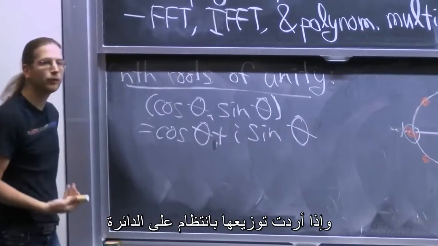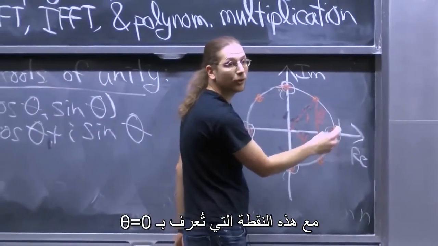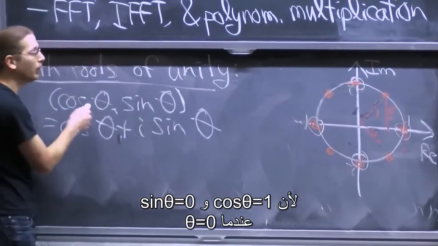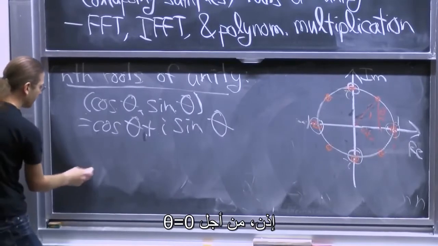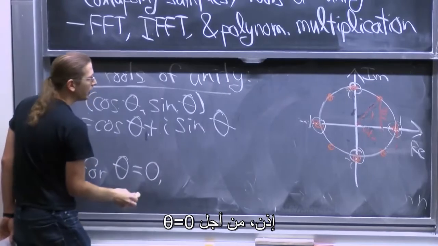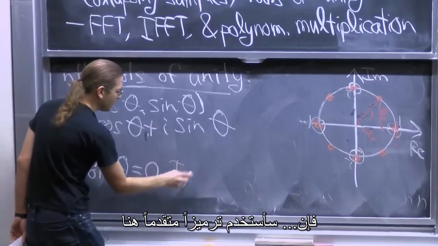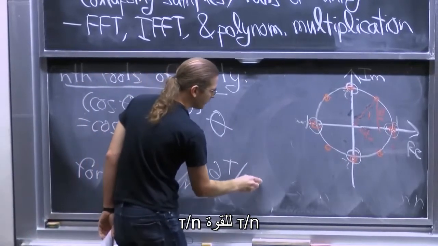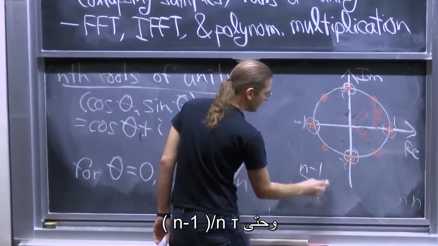Okay, and if I want them uniformly spaced around the circle, and I want to include this point, also known as theta equals 0, because when theta equals 0, cos theta is 1, sine theta is 0, right? So I want to say for theta equals 0, and then here I'm going to get fancy, tau over n, 2 tau over n, up to n minus 1 over n times tau.